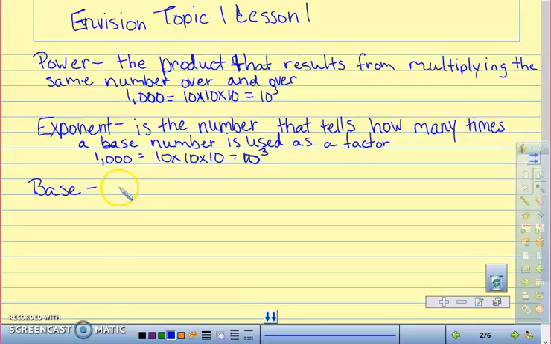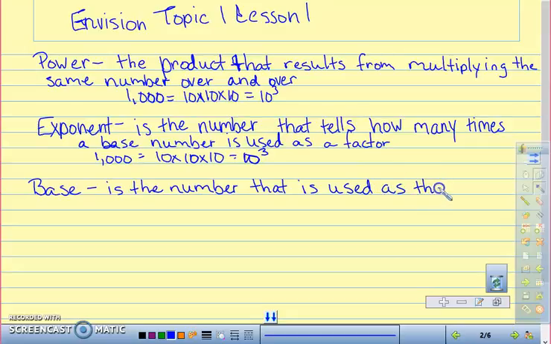We are going to have one last vocabulary word, and that word is base. And the base is the number that is used as the factor. Okay, so again, we're going to go to this example.